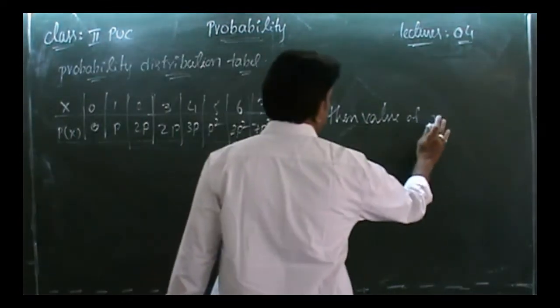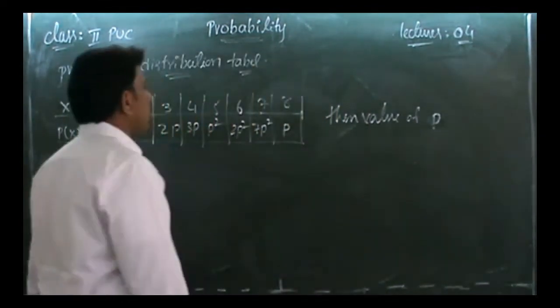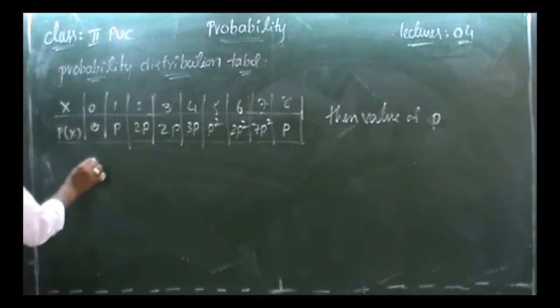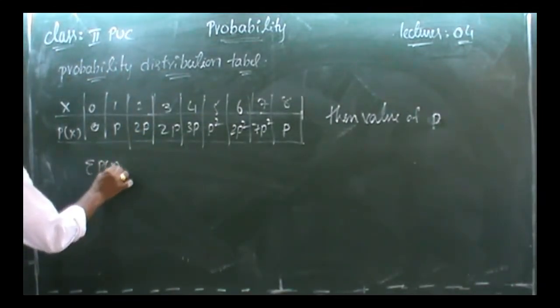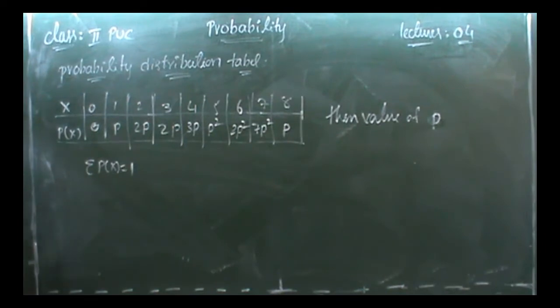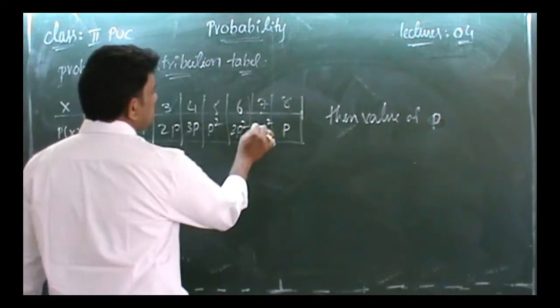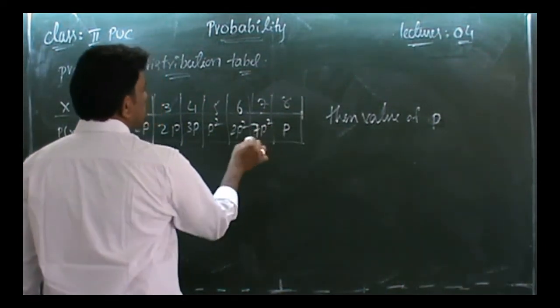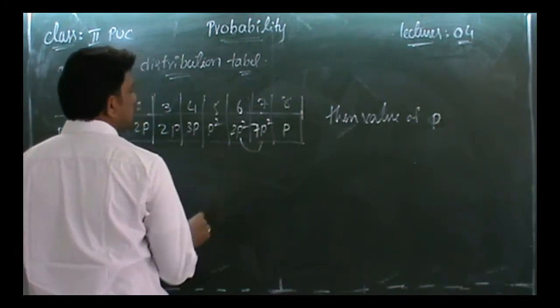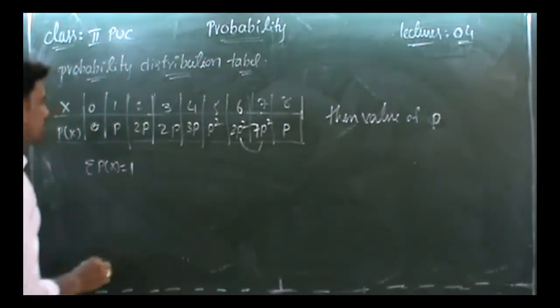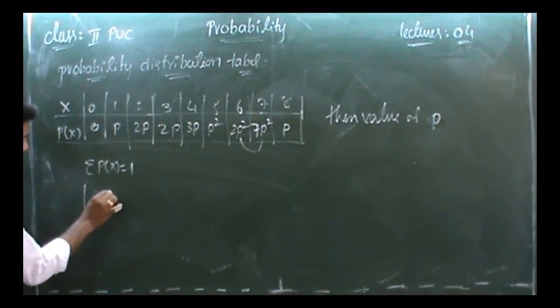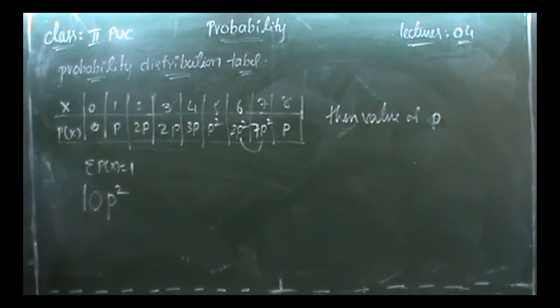Here he is asking the value of P. Then how to find the value of P? Same story. The summation of P of x is compulsorily equal to 1. If you add here, this is the 7P square. So 7 plus 2 is 9, 9 plus 1 is 10. So we can write this as 10P square.